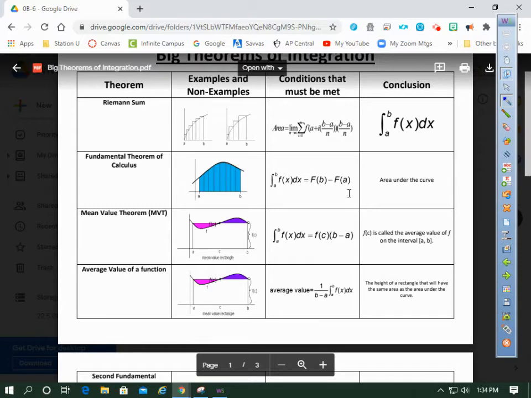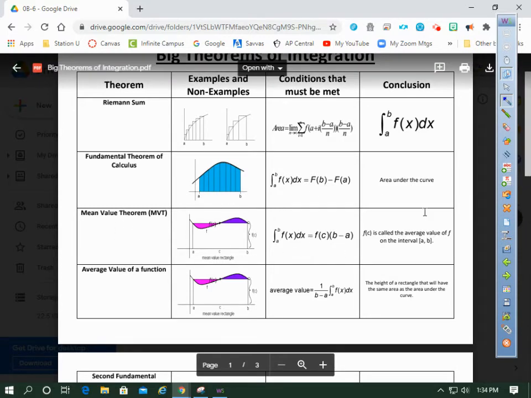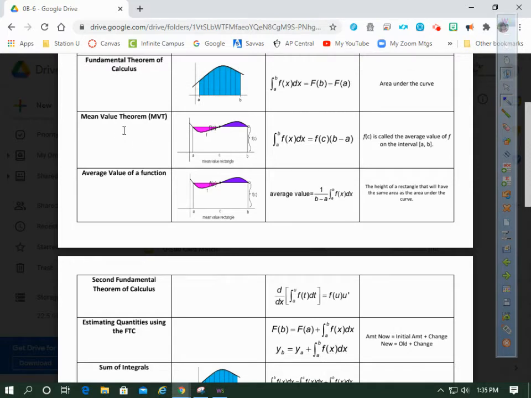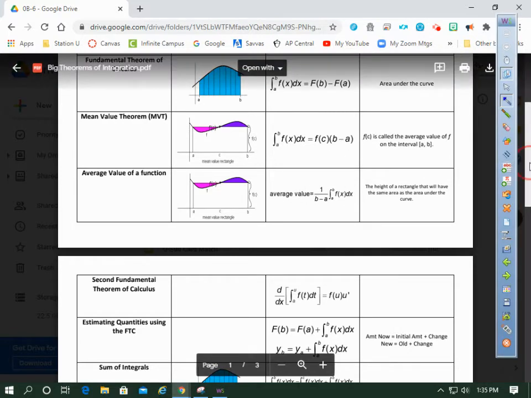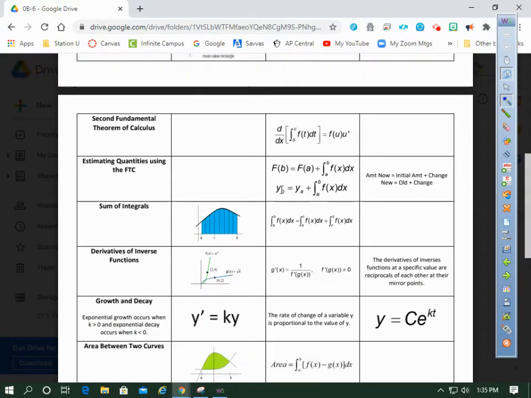The fundamental theorem of calculus, of course, which is the area of the curve. Mean value theorem, which I'm going to talk about in a second. And then the average value, which is just the mean value theorem written a little differently. And then the second fundamental theorem of calculus, which I'll talk about in a little bit.